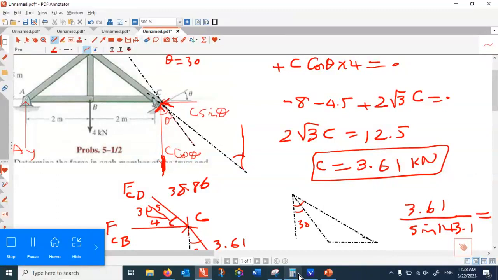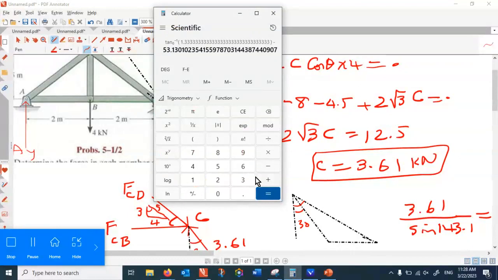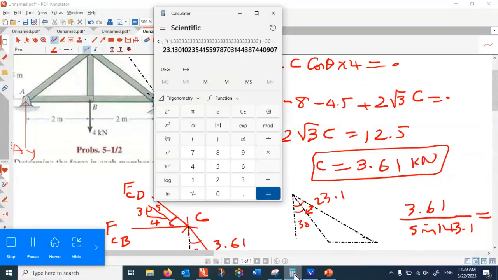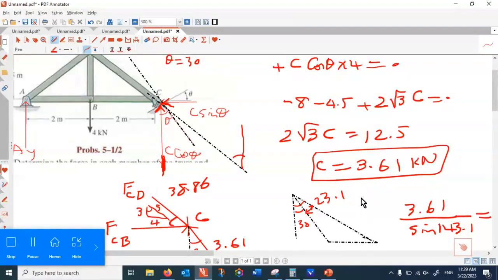Take away from 30. So this angle is 23. This angle is 23.1.